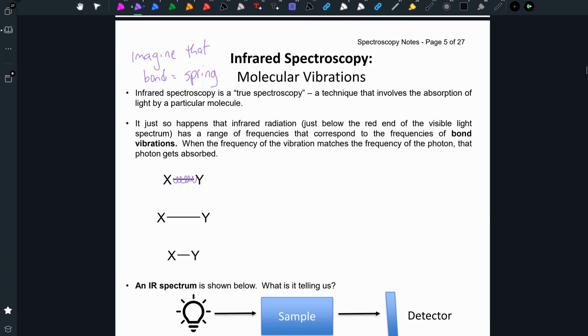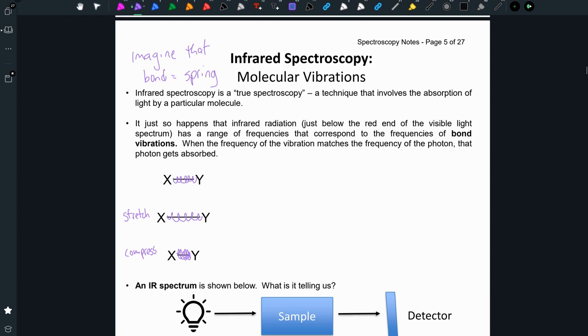Well, you can stretch that spring, or you can compress that spring, right? And if you do that, let's say you start by stretching it, it's going to start vibrating back and forth. Essentially, that's the way bonds behave.